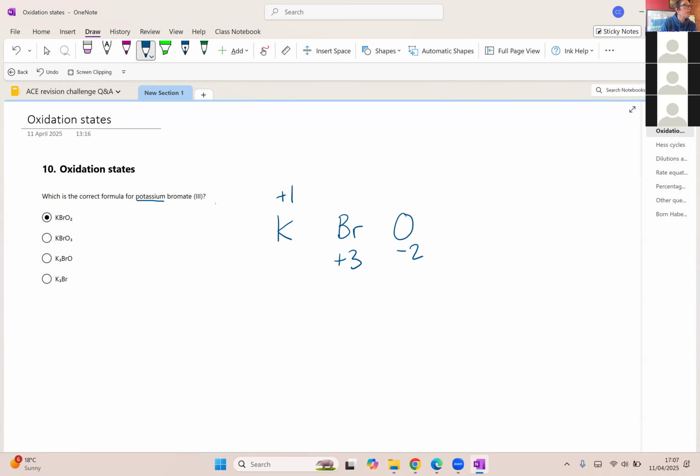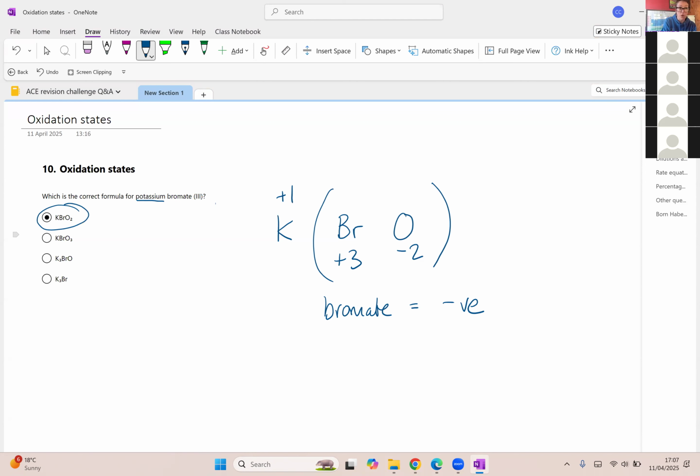I am going to make an ion with a charge that has to be negative, because bromate means negative charge. So how many oxygens do I need to add to +3 to make it negative? 2 lots of those will give me -4, and that will work.